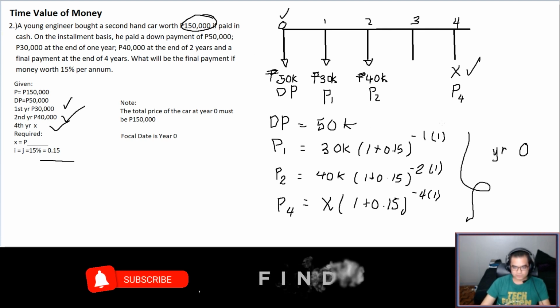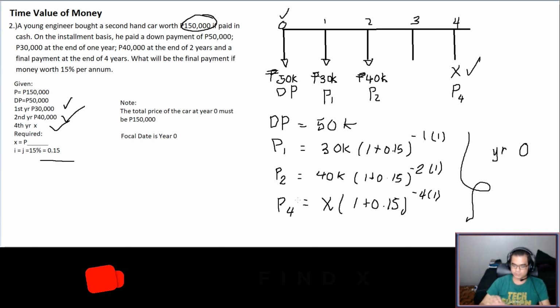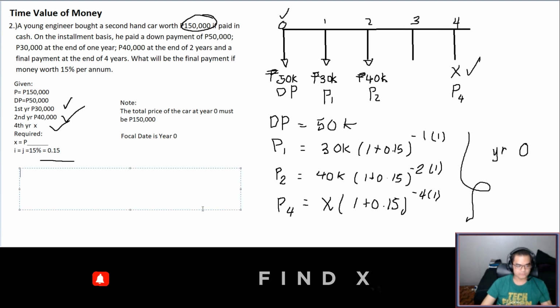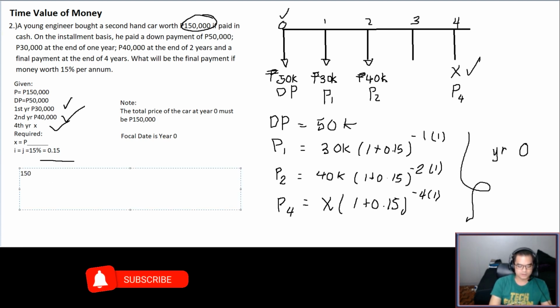Therefore, if I add the down payment, P1, P2, and P4, that must all be equal to 150,000. So rewriting the formula, you will have 150,000 equal to the value of P1 plus P2 plus P4.